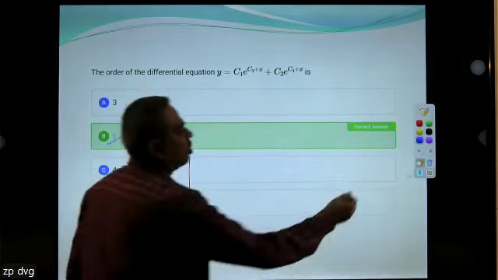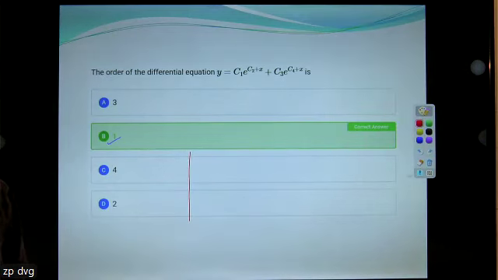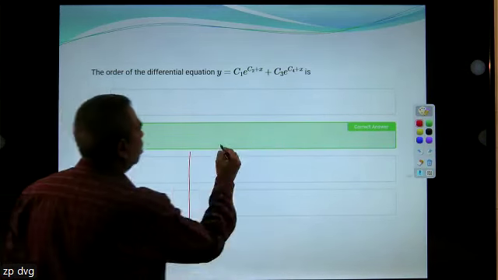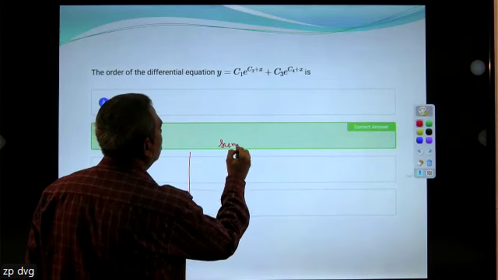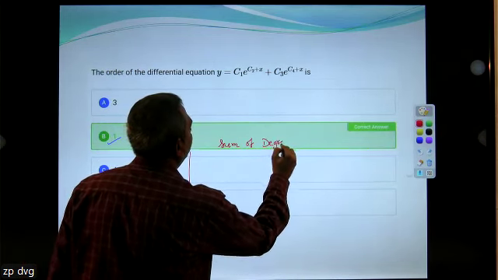Now, let us form it like this. The other question is you have to calculate the sum of the degree and order of the differential equation. So if this type of question is given, you have to find the sum of degree and order.